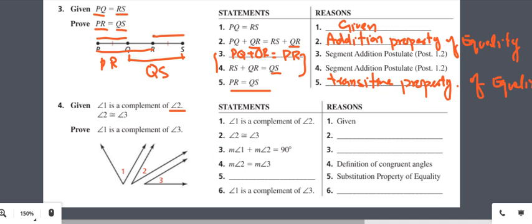The given angle 1 is a complement of angle 2. They use the word complement. What does it mean?